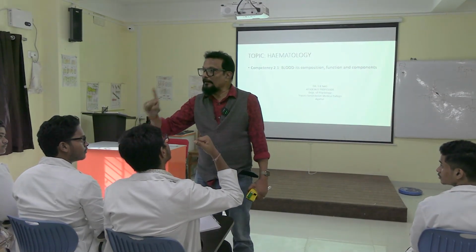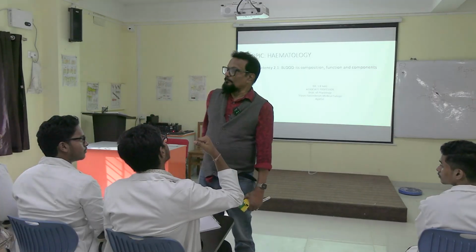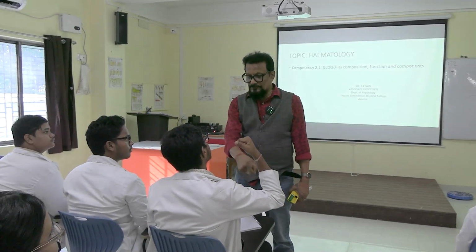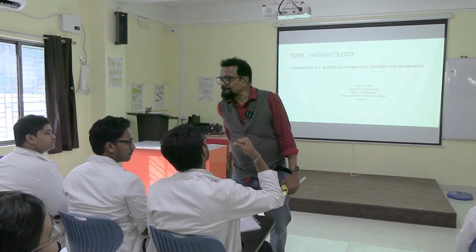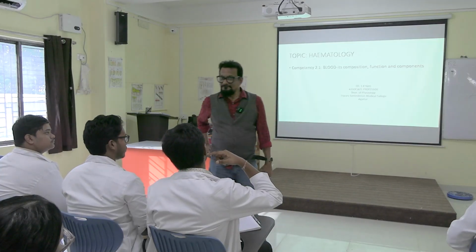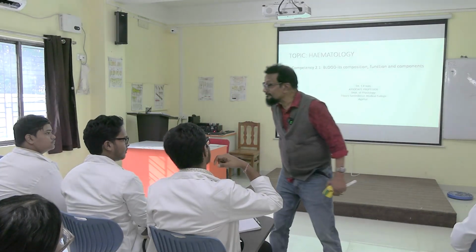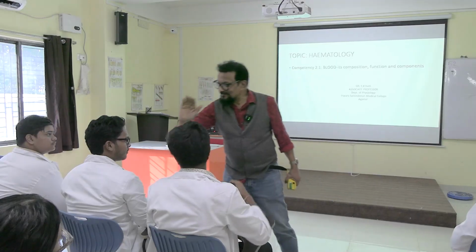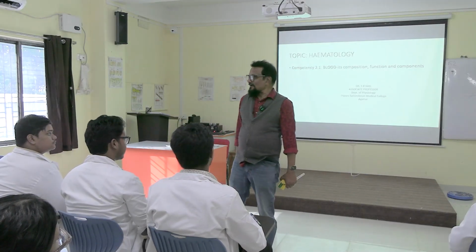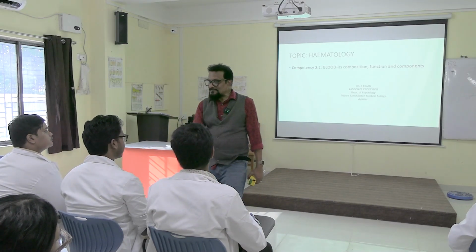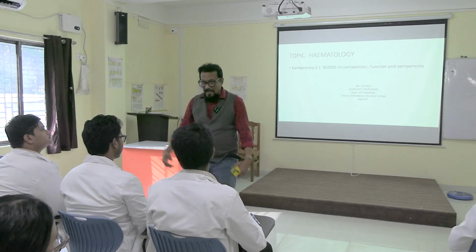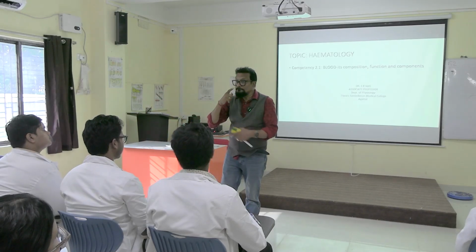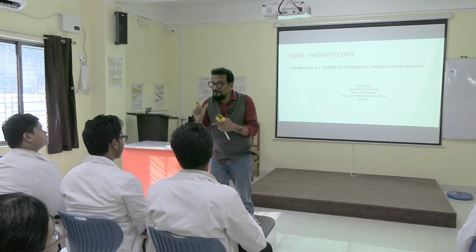Can you name one positively charged ion that is responsible for muscle contraction? Calcium. Right. Very good. Calcium ion. Without calcium ion, it's not possible. And for muscle contraction, you need energy, ATP.